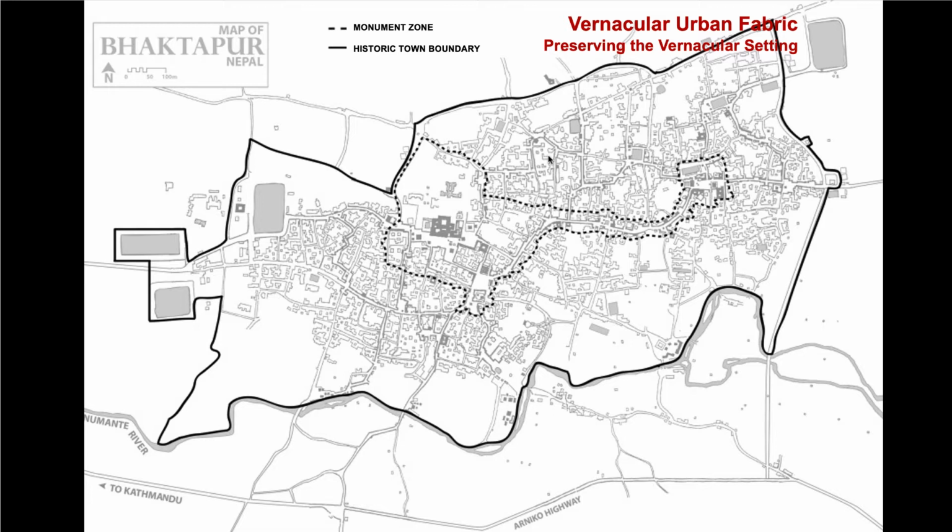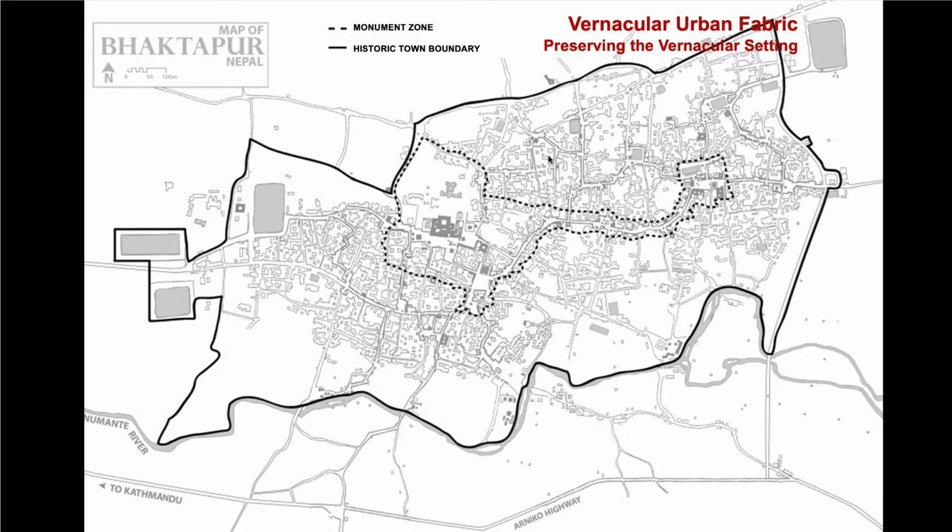So UNESCO considered Bhaktapur a World Heritage in danger and started collaborating with the Nepalese government to develop a preservation plan for Bhaktapur and other heritage sites in the Kathmandu Valley World Heritage Site.